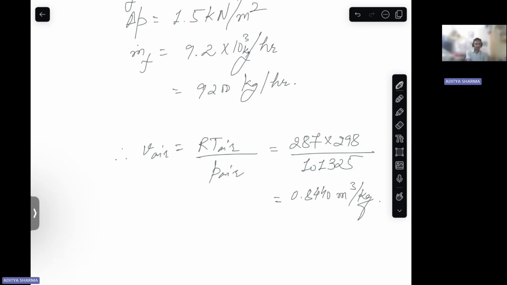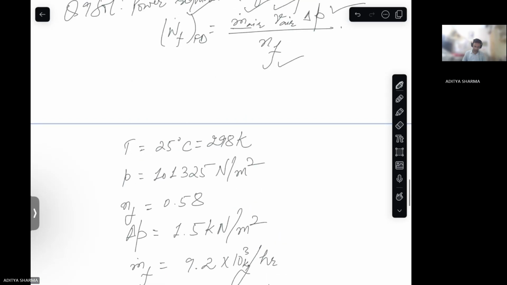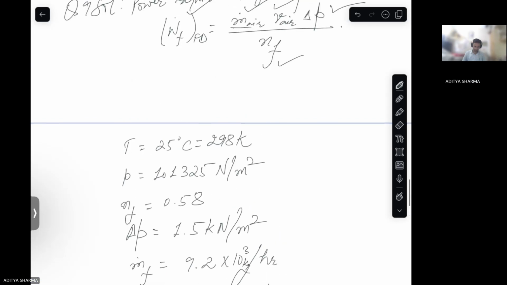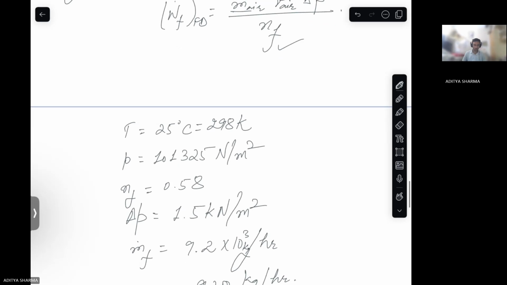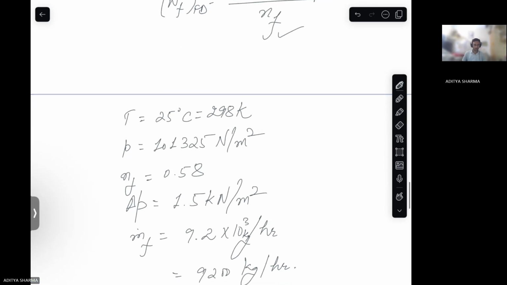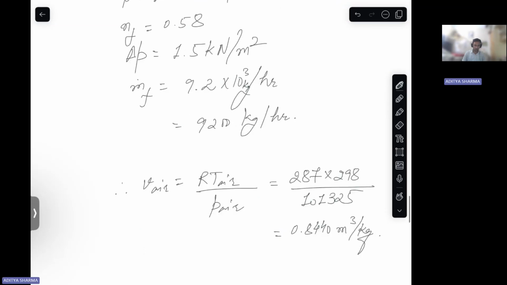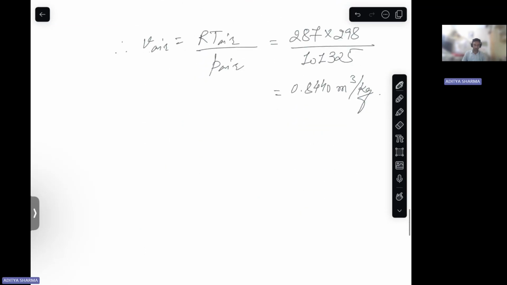Then next what we will find out? We'll find out mass flow rate of air. But how we can find out mass flow rate of air?